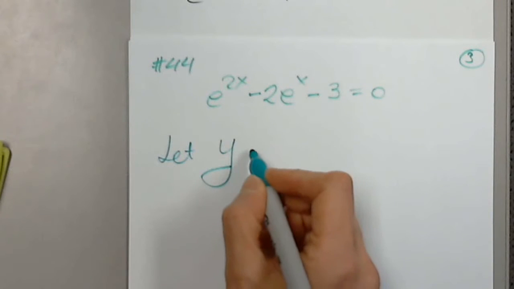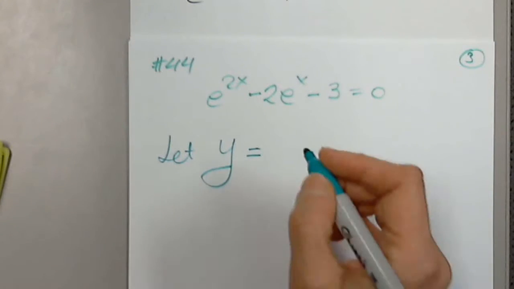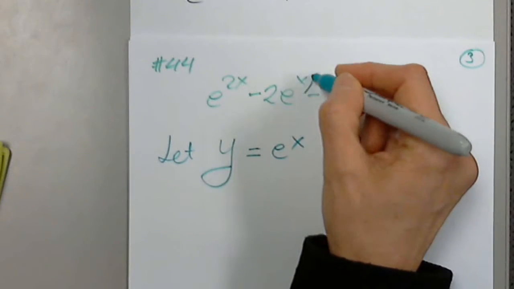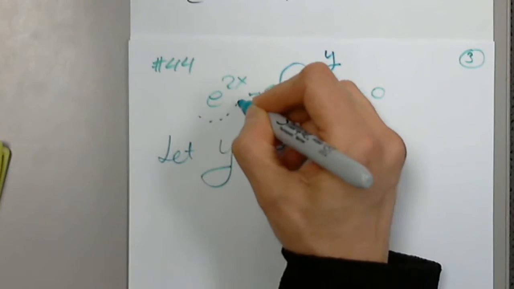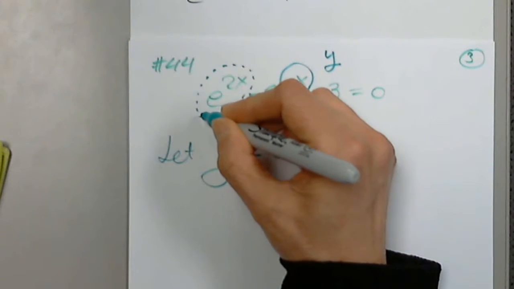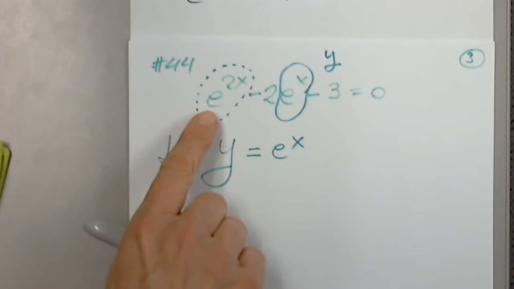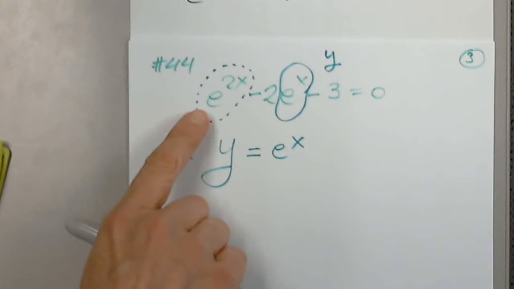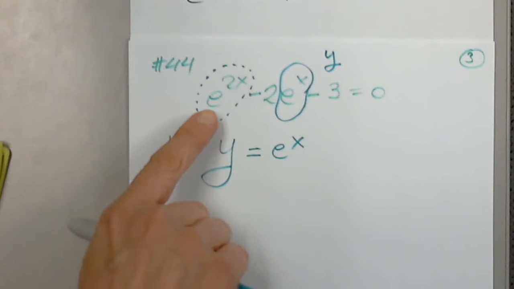Let y be e to the x, yes, but only if I show and convince you that this is what exactly? Because if it isn't, I cannot use this method. What should this be?